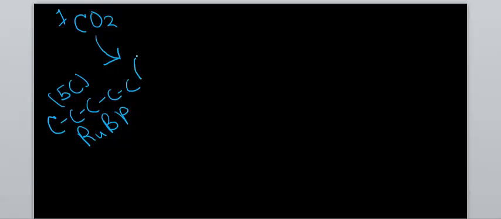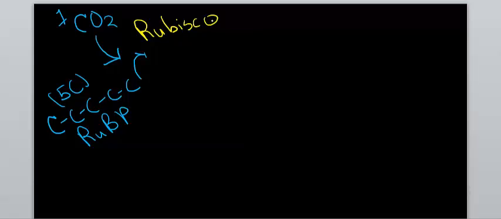It comes in here, and so does CO2, and they are going to fix the carbon dioxide without the addition of energy, and that is done by Rubisco. Rubisco stands for ribulose bisphosphate carboxylase, and all that means is that it's an enzyme that attaches a carbon to this.